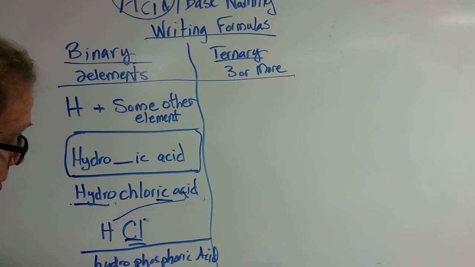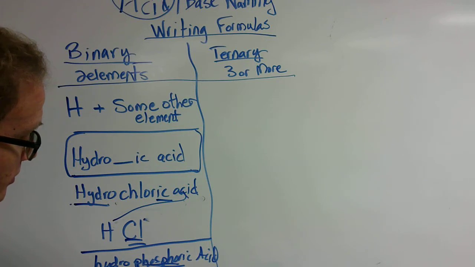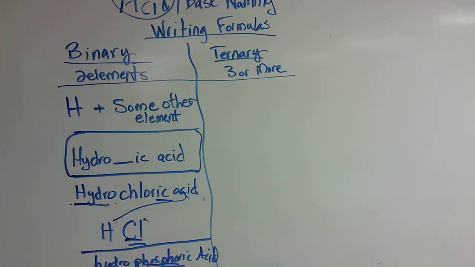I automatically put H+. I'm going to use the symbol for phosphorus. Phosphorus's charge is going to be -3, which I pull off the periodic table. You're going to notice this is an unbalanced one, so I'm going to put a 3 here. And that would be the formula for hydrophosphoric acid.